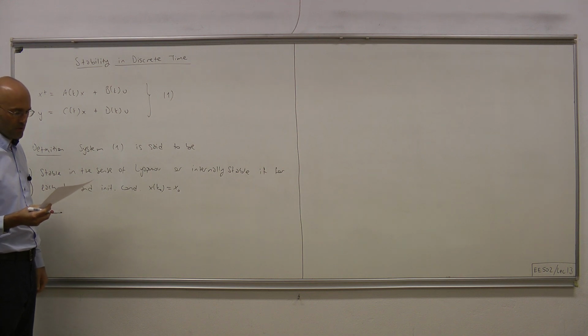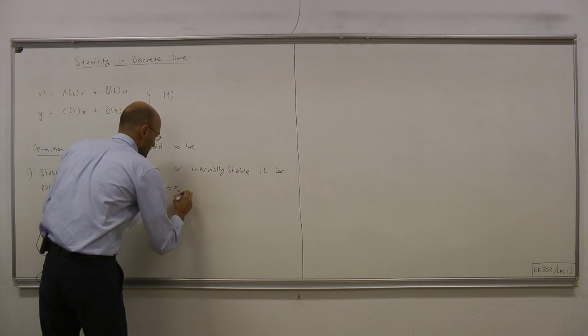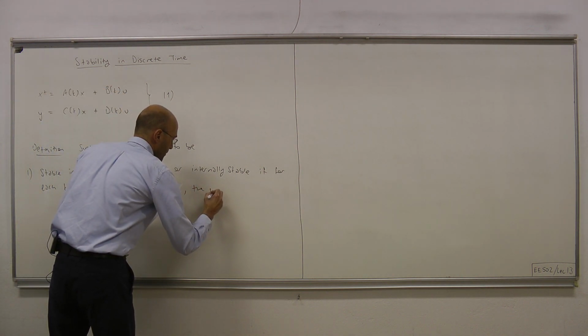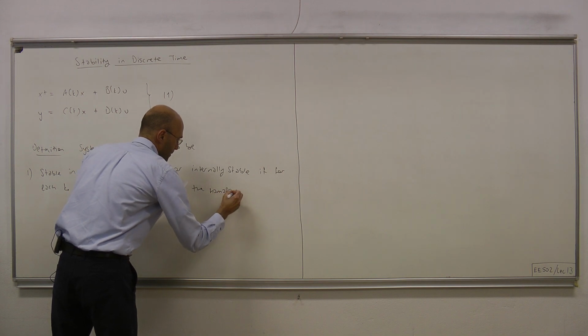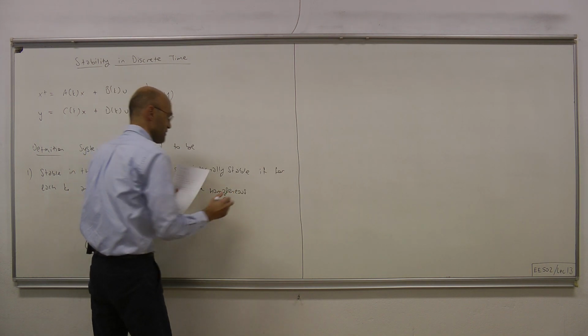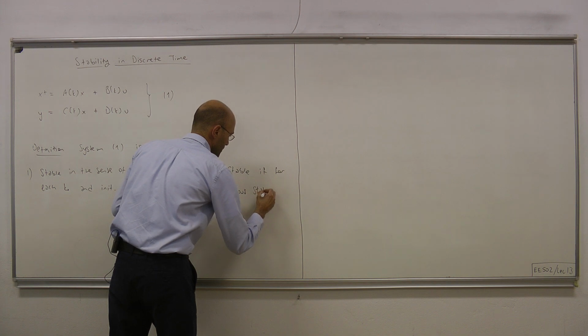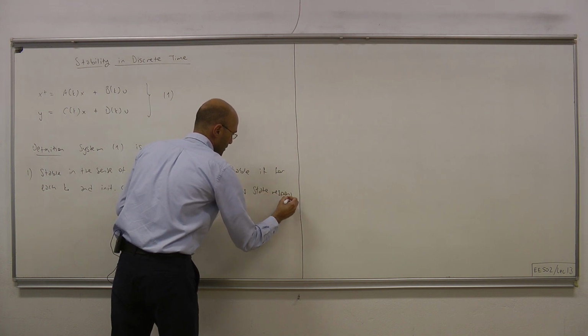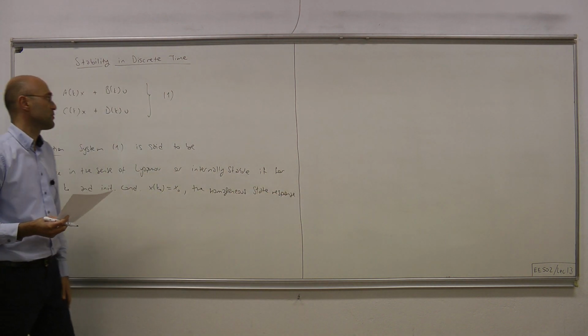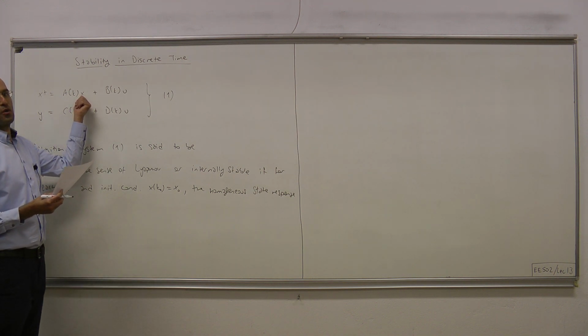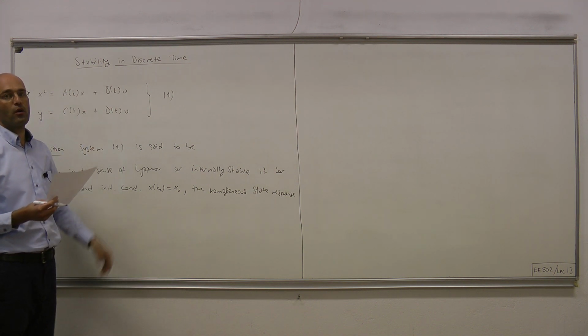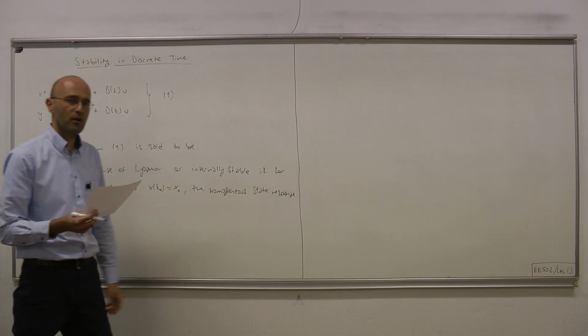n is the order of the system. The homogeneous state response, which is the part of the response due to the initial conditions only, so we ignore the effect of the input.